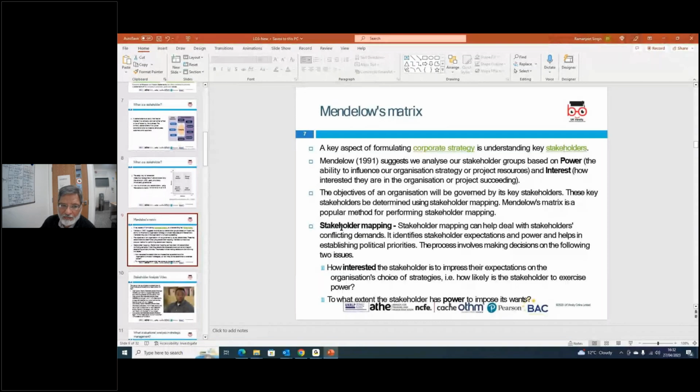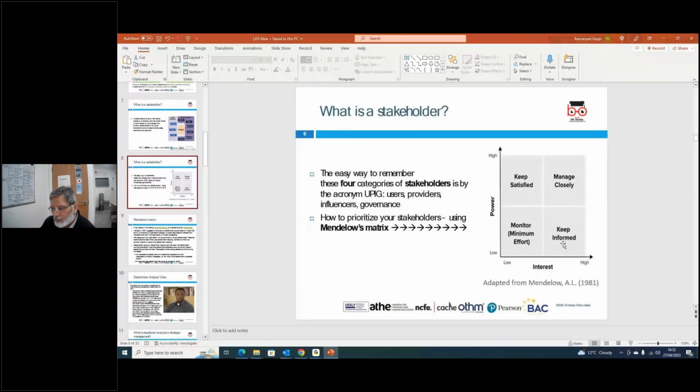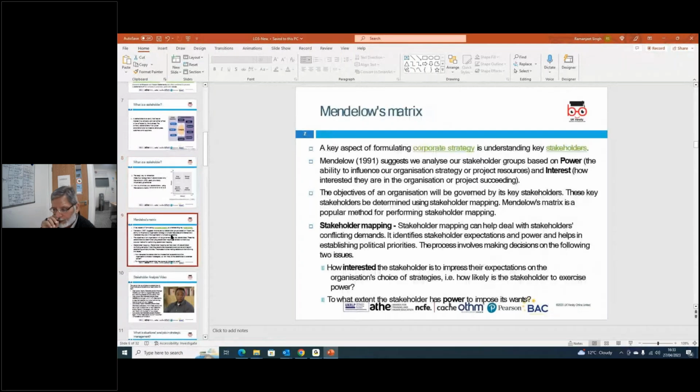So if they are very interested, of course, we'll put them into the fourth quadrant, because they have high interest and they have high power, right? So we put them into keep informed, they want to be informed, and they are very interested, they have a very high power. And some people have very low power and are not interested. So we see how our stakeholders are divided.